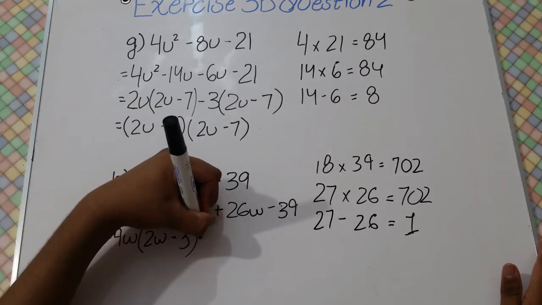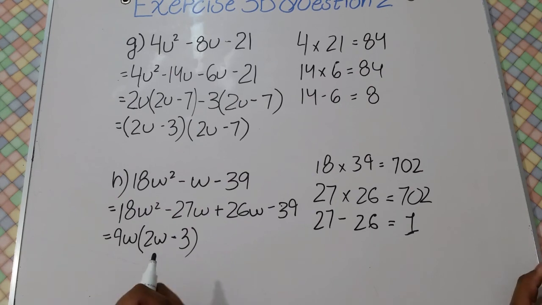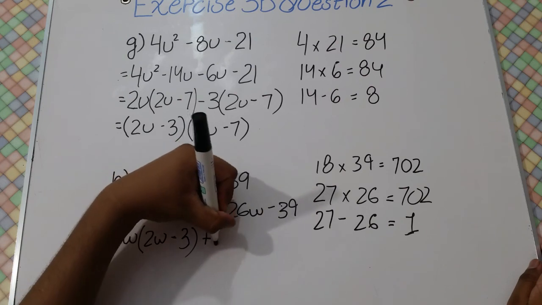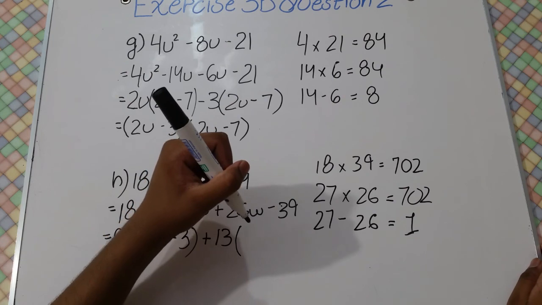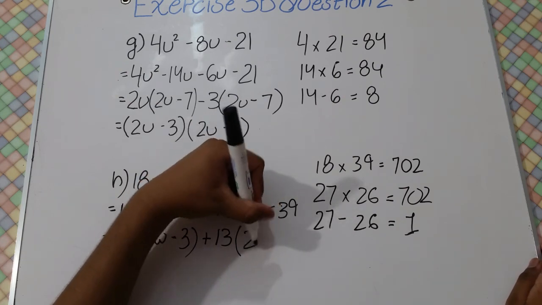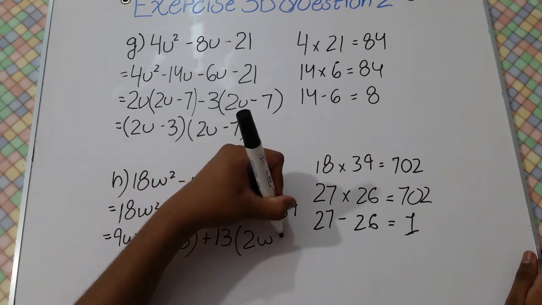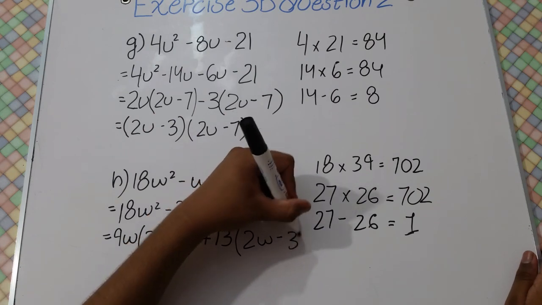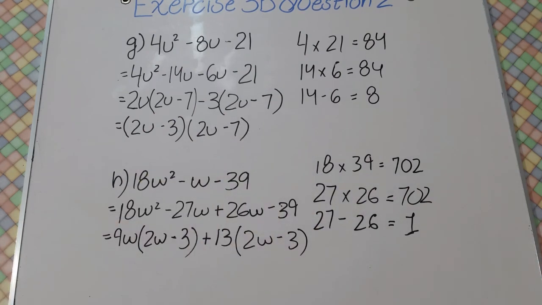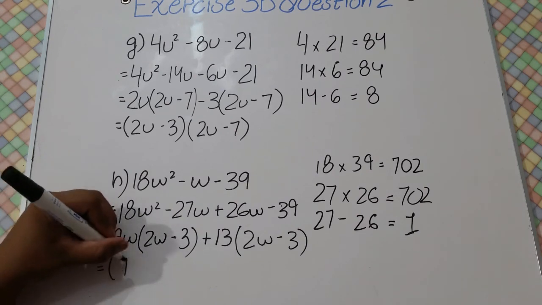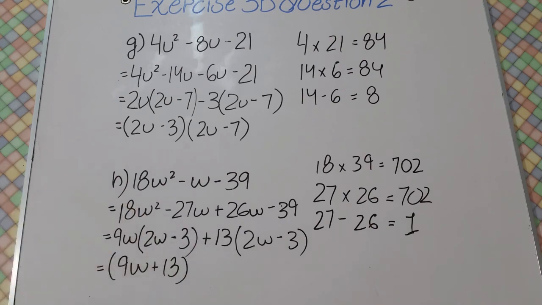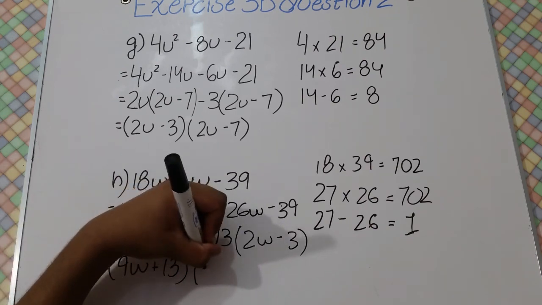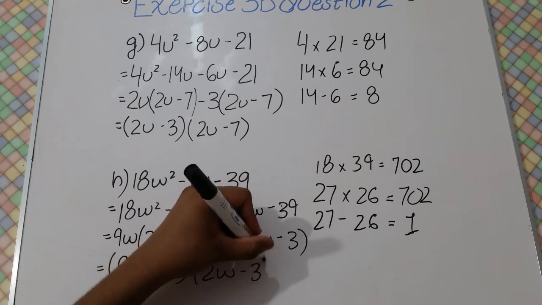Then over here the common would be 13, as 26 and 39 come in the table of 13. So 13 2s are 26 and 13 3s are 39, I think so, yes. So 9w plus 13 in one bracket and 2w minus 3 in one bracket.